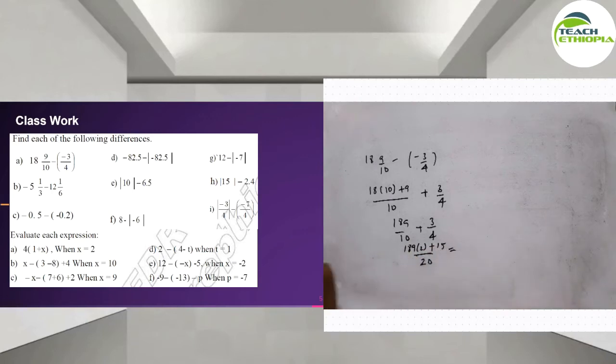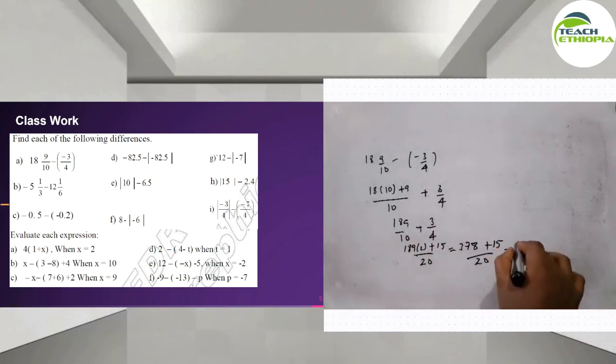So this can be calculated as 18 plus 3 plus 15 over 20, which is going to be 293 over 20.